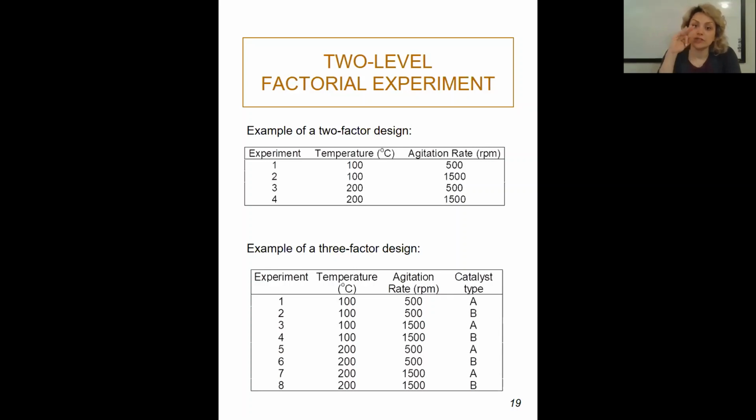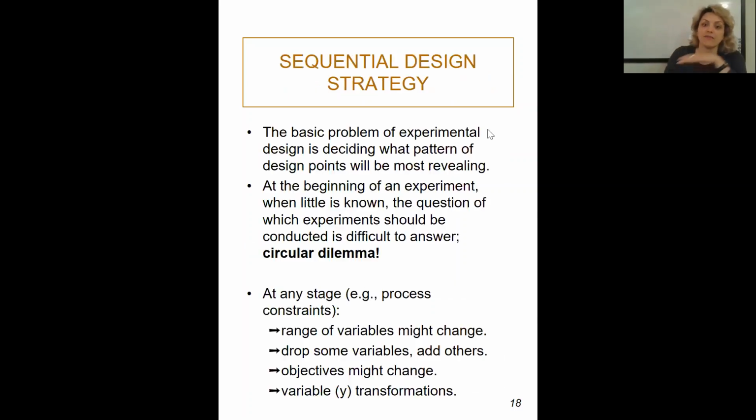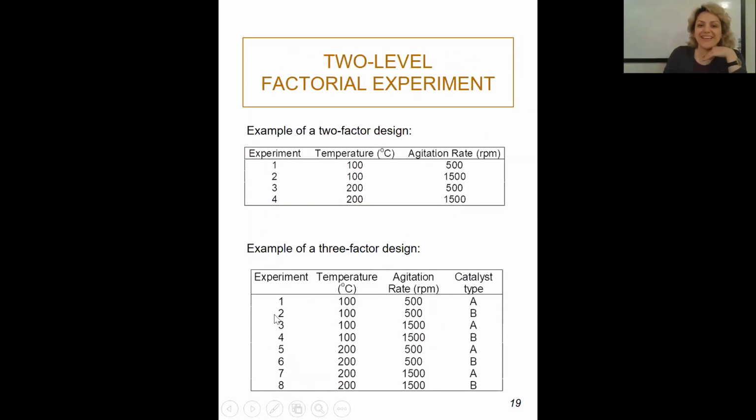That was for 2-factor. For the 3-factor design, we have temperature, rate, and catalyst type. Again, each of them has 2 levels. So the first one was 2 power 2 for the number of experiments, and this one is 2 power 3.